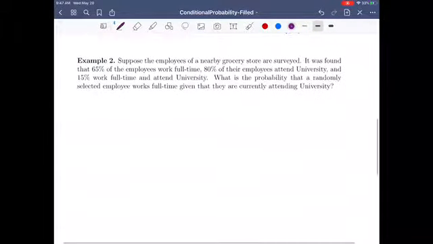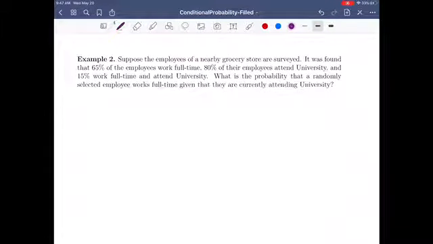So let's try an example. Suppose that the employees of a nearby grocery store are surveyed. Here they're giving us probabilities as percentages. It was found that 65% of the employees work full-time, 80% attend university, and 15% work full-time and attend university.